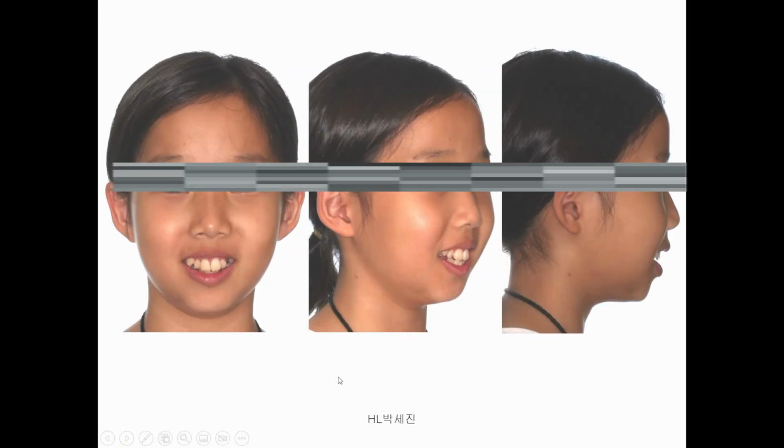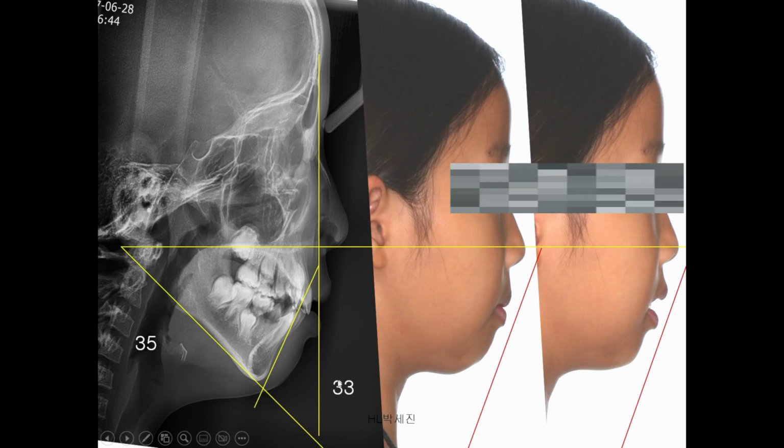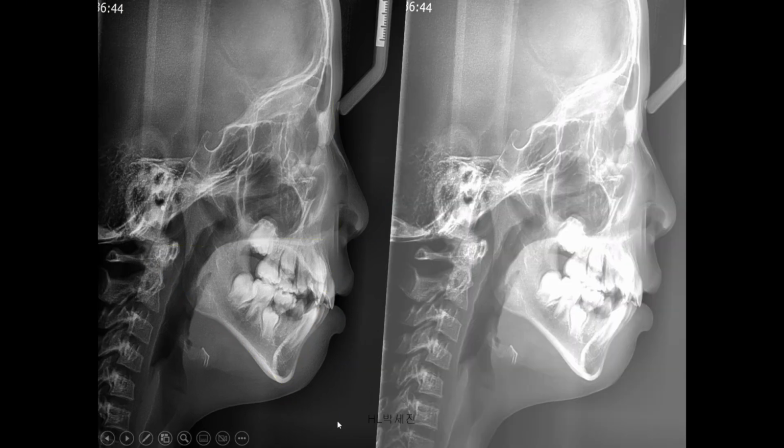In a young child, evaluate the structure with this short item, okay, and check the soft tissue, and then don't try extraction therapy.